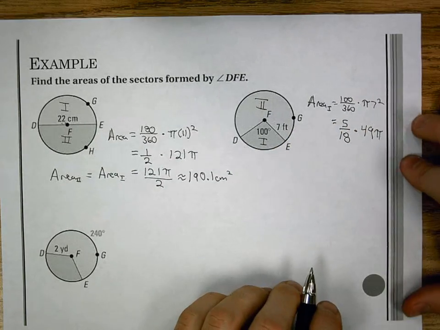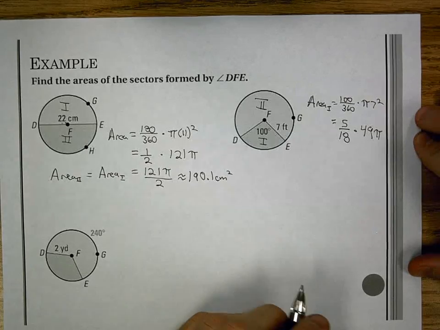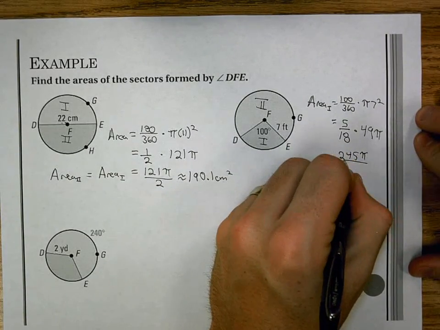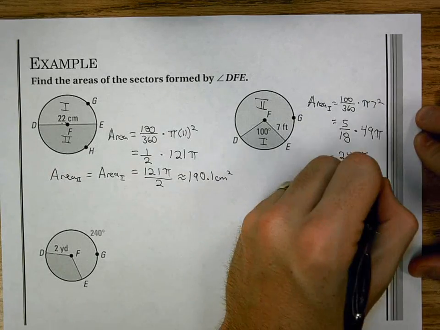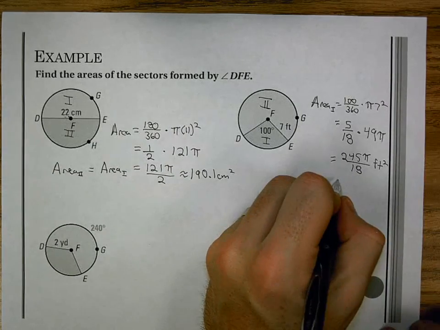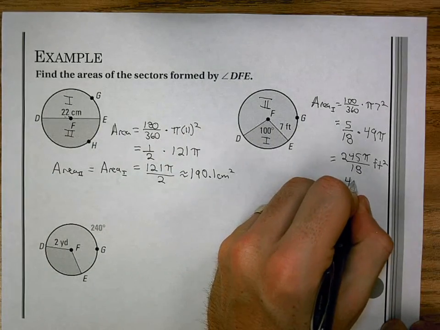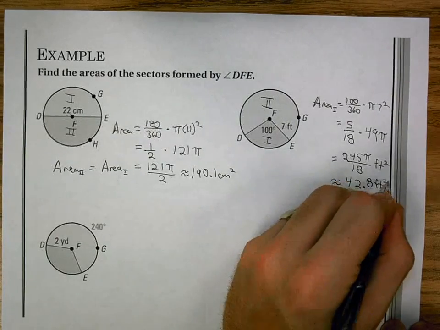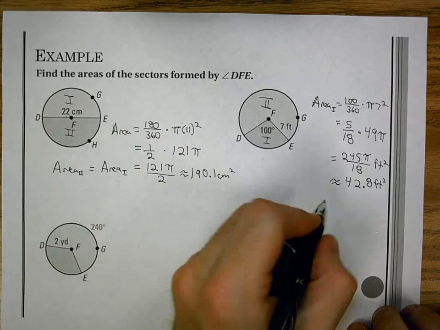So we want 5/18 of 49 pi. This becomes 245 pi over 18 feet squared, which we can make as a decimal to be about 42.8 feet squared.